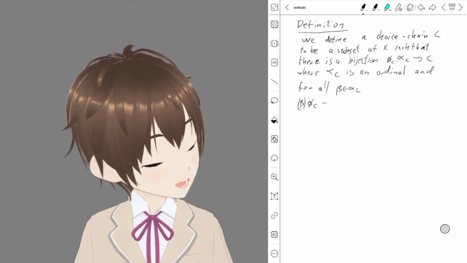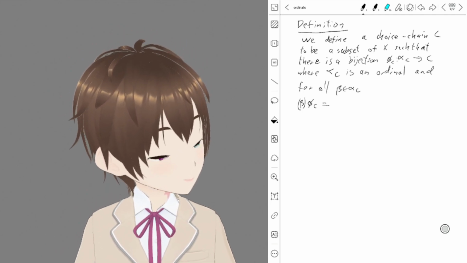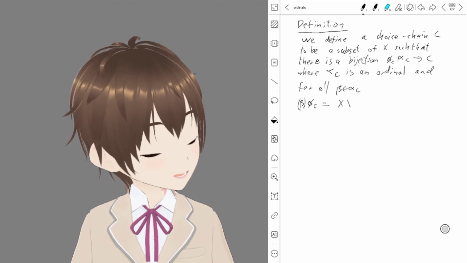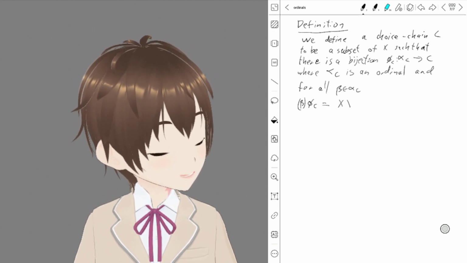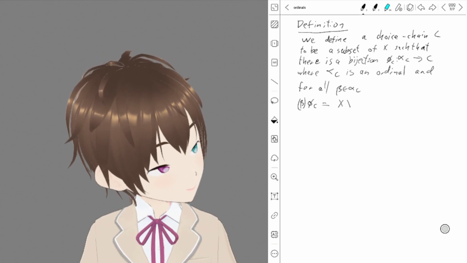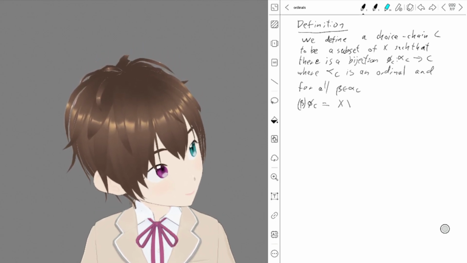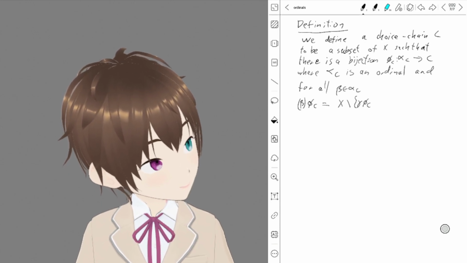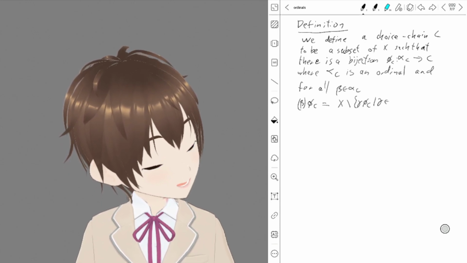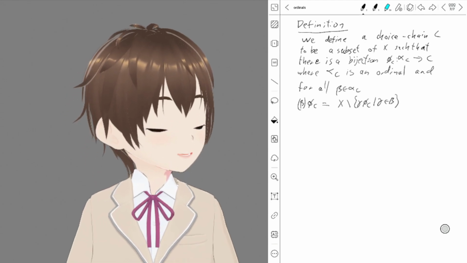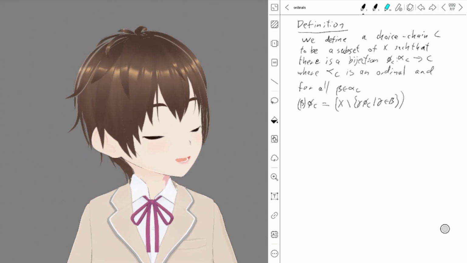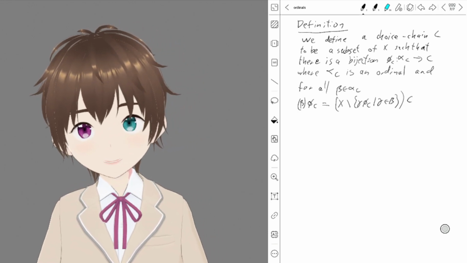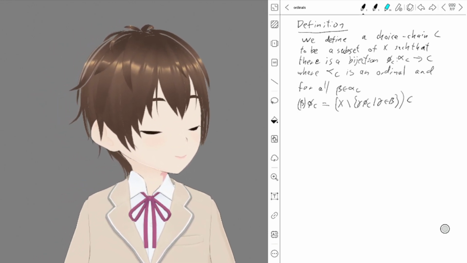So phi_C of beta is equal to the choice function applied to X without phi_C of gamma for gamma in beta. So I apply phi_C to all the previous things in beta. I don't map it to any of those, and I just pick something using my choice function. So this is a non-empty subset of X, and I'm choosing an element using C.